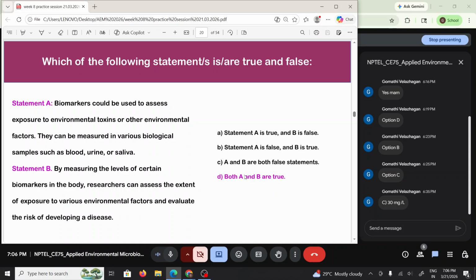Okay, so the right answer for this is both the statements are true. Generally we use biomarkers to assess the environmental exposure. When we are exposed to some kind of toxins or chemicals, there are certain characteristic biomarkers that we could find from biological samples like blood, urine, and saliva.